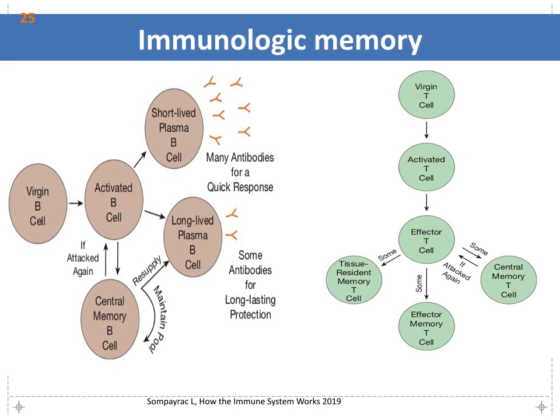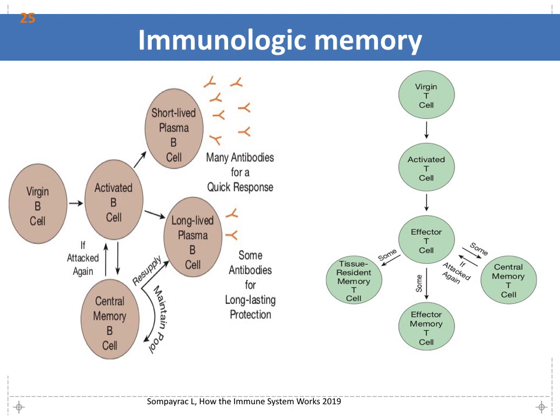So immunologic memory is very important. It is what is responsible for the more rapid response that you see the second time you encounter an organism. They are specific to the organism that initially stimulated them, and it's for this reason that vaccines can have a booster response because you develop immunologic memory.